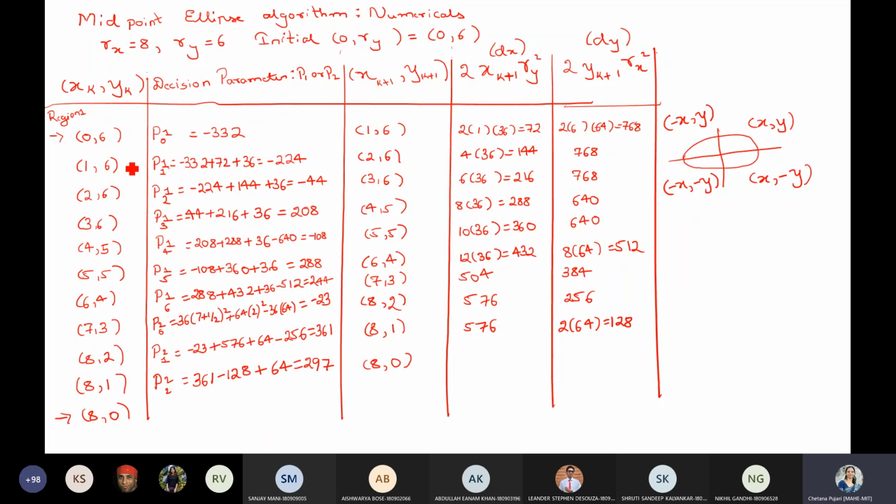If you are dealing with region 1, it will be P1, and if you are dealing with region 2, it will be P2, right? And then xk plus 1, yk plus 1, and the next decision parameter value. And this is dx and dy, because you have to make the decisions.